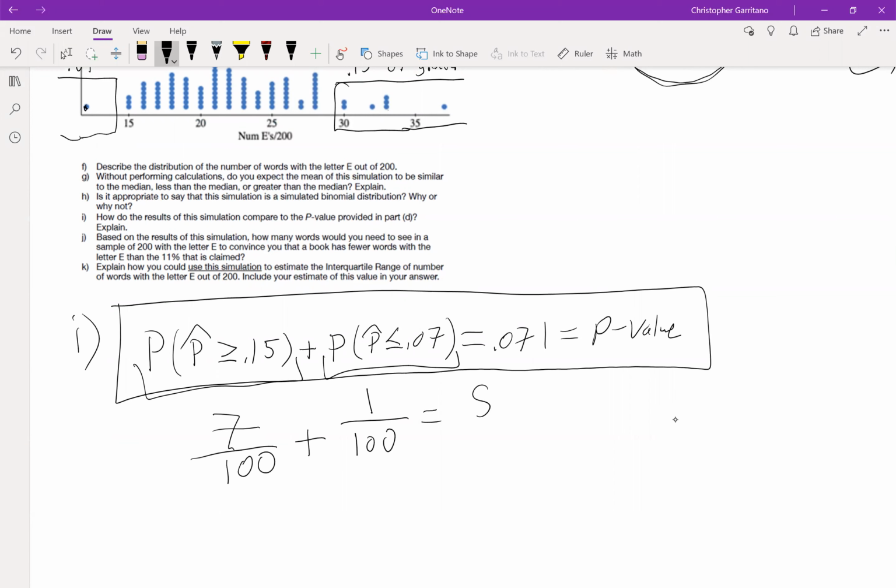And this, of course, gives us an 8 over 100. And since this is only a partial construction of the entire sampling distribution, this is just an approximation of the p-value. Right, and so you can see that the results of the simulation are fairly close to what we would expect if we were to assume that the probability of success is 0.11. All right, now part J.